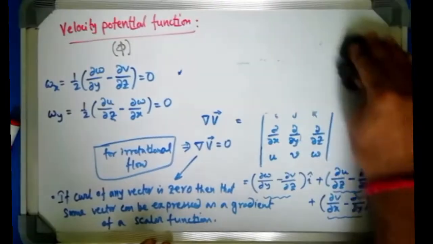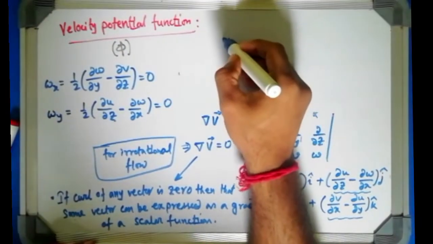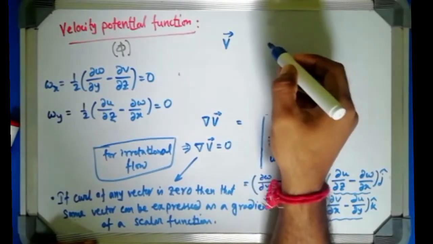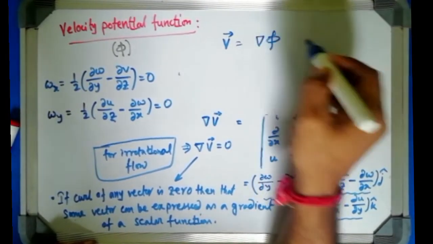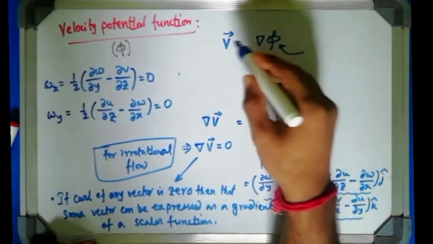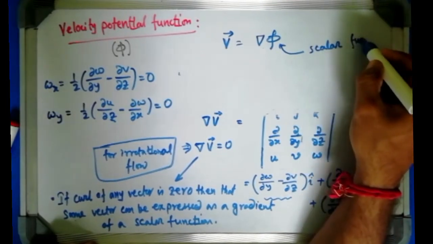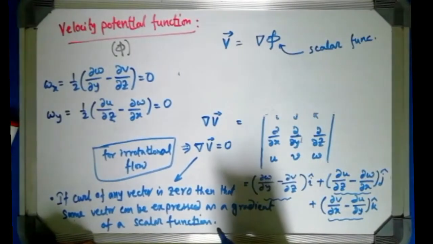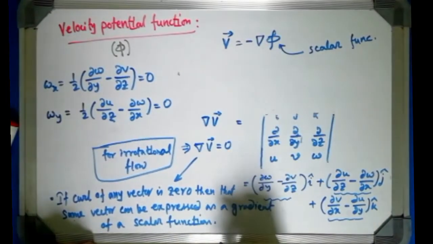So now we can express velocity vector is a grad of another scalar function, that is phi. This phi is velocity potential function and it is a scalar function. And actually one negative sign is placed over here.